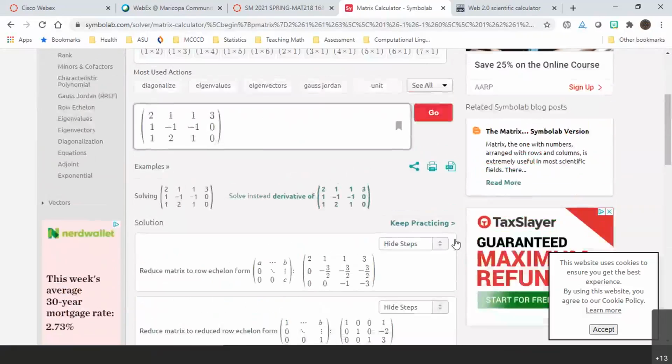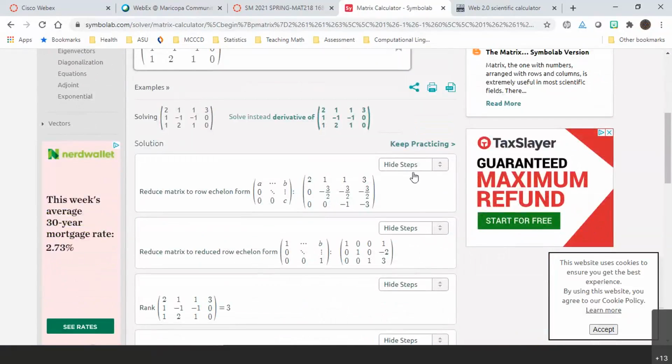And again, it's not behaving the way I expect. Solving. Oh, here it is. Here's the solution. You've got to scroll down sometimes because it's wordy. Here are the solutions in reduced row echelon form. So 1, negative 2, 3. Okay.